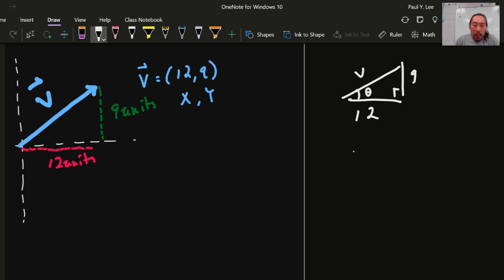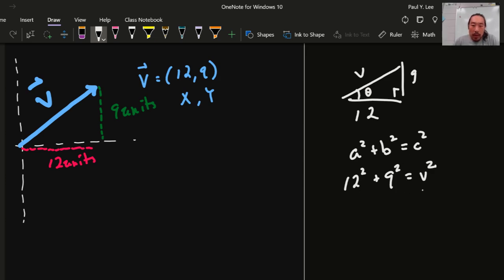So knowing the Pythagorean theorem is a squared plus b squared is equal to c squared, we can represent the a and the b and the c with the triangle above. So this will be 12 squared plus 9 squared is equal to v squared, right?